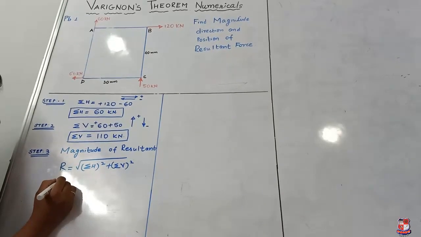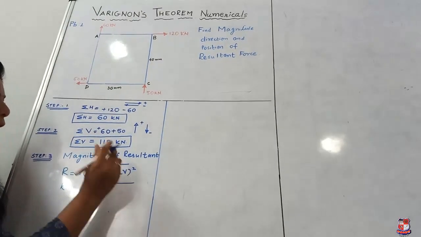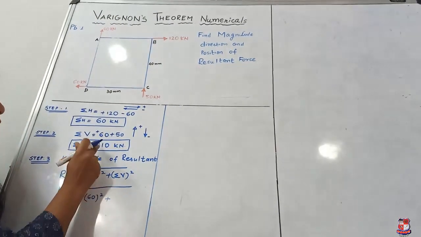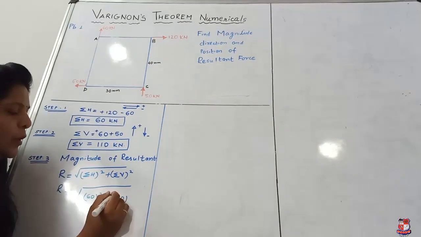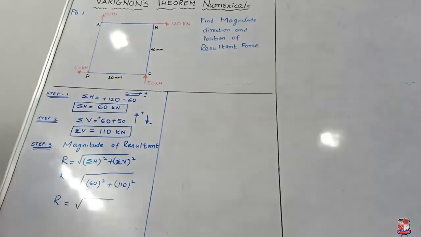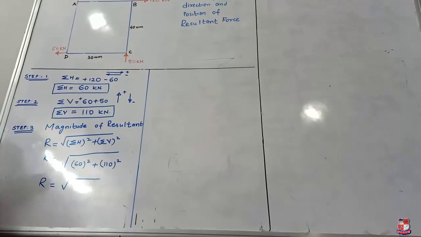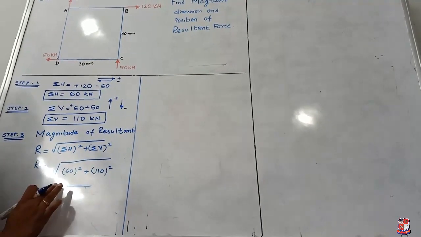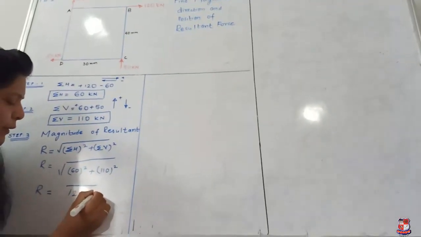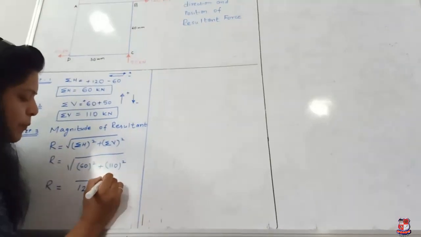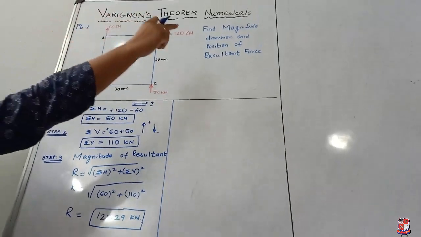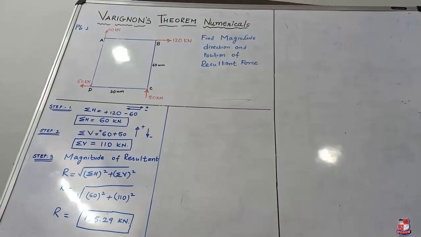So R is equal to the square root of 60 squared, sigma H we have calculated as 60 kilonewton, plus 110 squared, sigma V we have calculated as 110 kilonewton. So we get the value of R as 125.29 kilonewtons. So we have found out the first thing, the magnitude of the resultant force.